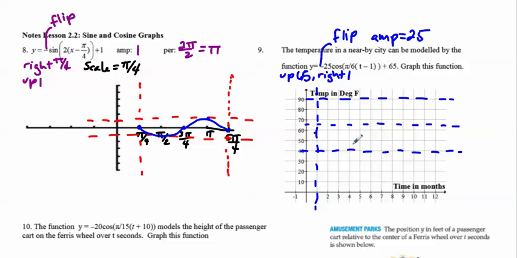Okay, let's see if we can figure out our scale. Now our period is 2 pi divided by pi over 6, which is 2 pi times 6 over pi, which is 12. So that means the length of this graph is 12 months. If I start at 1 month, it's going to end at 13 months.